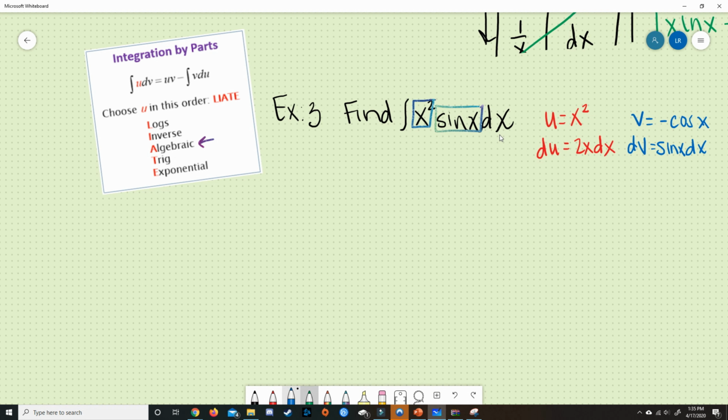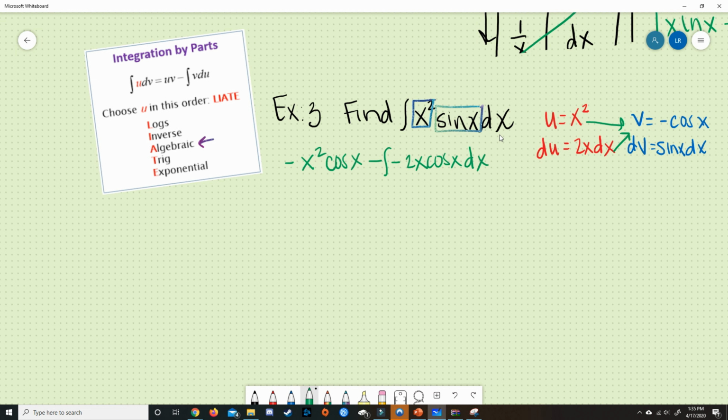Okay, so now what we're going to do is we are going to do u times v. So x squared times negative cosine of x minus du times v. So the integral, and it's going to be negative 2x cosine of x dx.